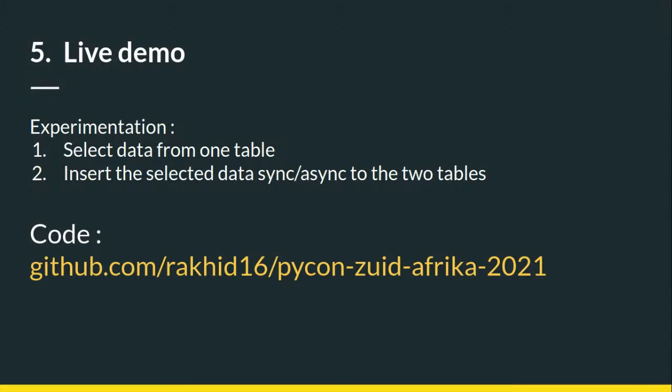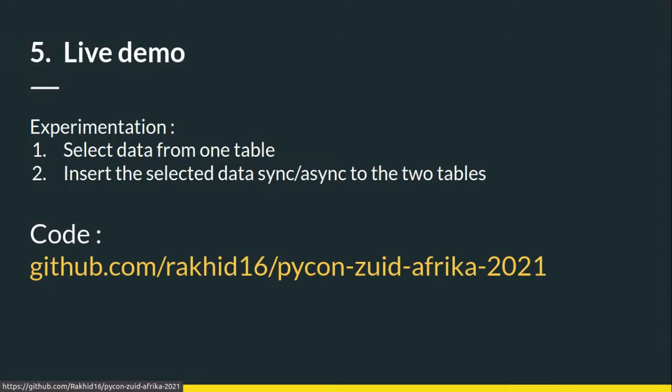So there are two insert processes that will run asynchronously or synchronously based on my previous illustration in my previous slide. You can get the code in my GitHub repository, but it is not the complete code. After the presentation, I will push the whole code to that repository.